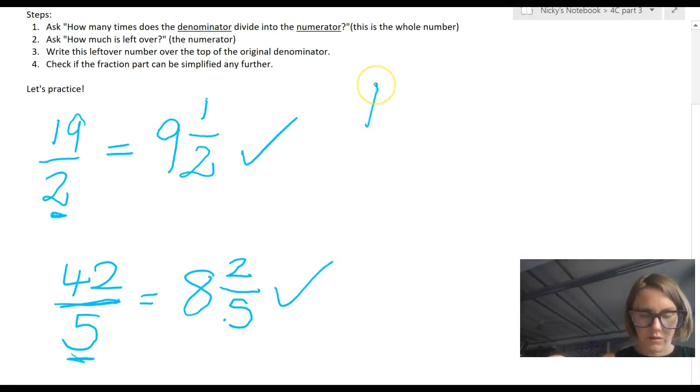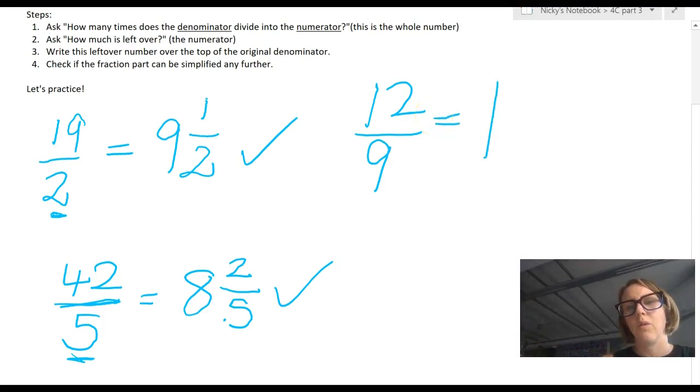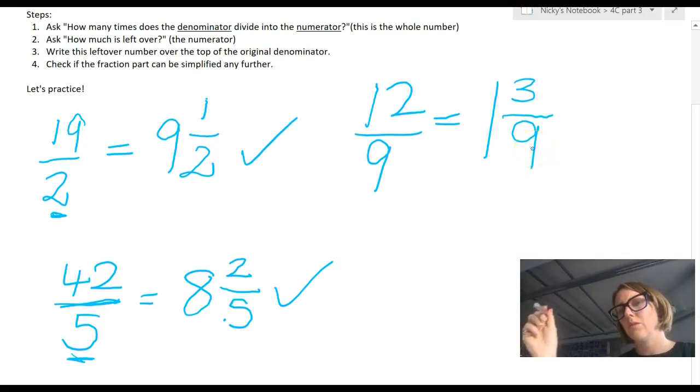Let's do another one. So 12 over 9. How many times does 9 fit into 12? Just 1 time. And then I have 3 left over, over my original denominator of 9. Now, when I look at that, I can see that 3/9 here can be made smaller if I was to simplify it.